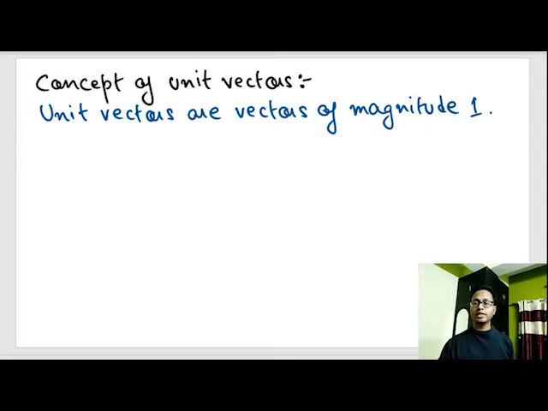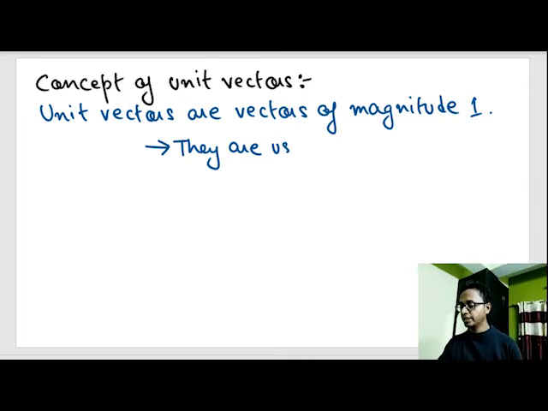What do I mean by that? That means they are specifically used to represent direction.